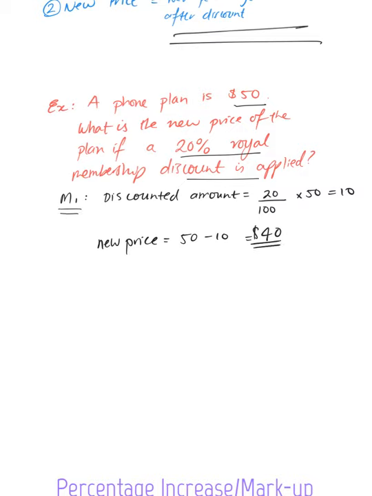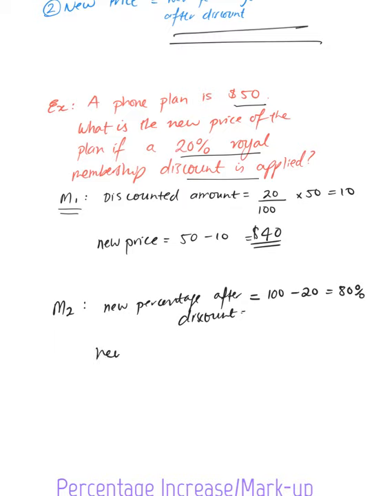Now, I've obtained this answer using method one. I will tackle this question using method two as well. So for method two, I need to start off with finding the new percentage after discount. So for that, I need to take away the percentage from 100. So 100 take away 20%, and that gives me 80%.